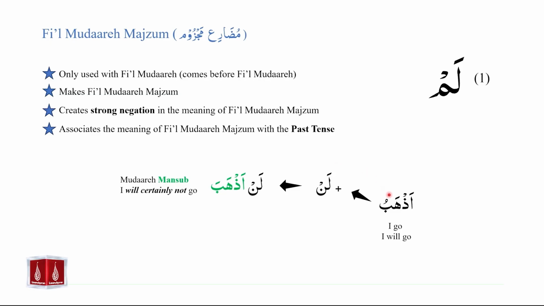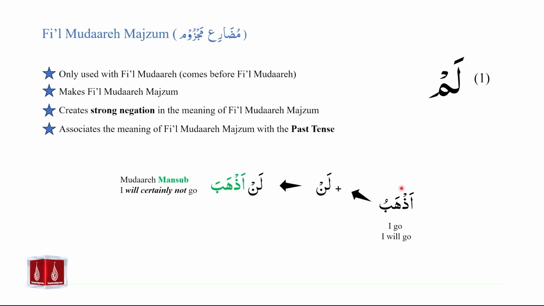So if we add azhabu to lan, we have lan azhaba. In the case of lan azhaba, azhaba is mudare mansoob, and lan azhaba can be translated as I will certainly not go. So here we see the association with the future tense, I will, and also there is strong negation. I will certainly not go.